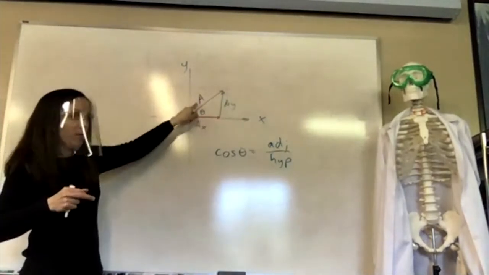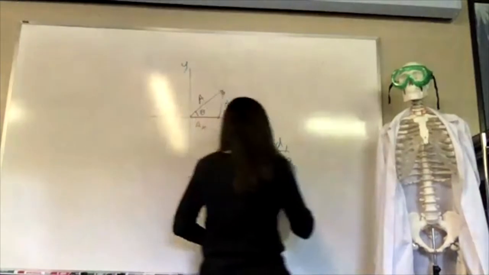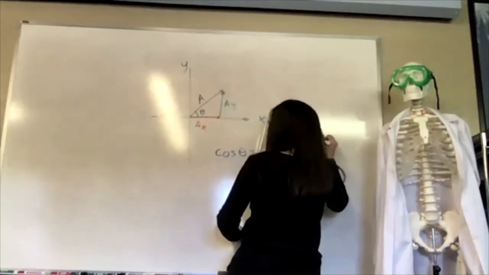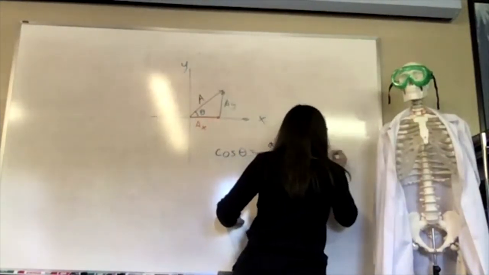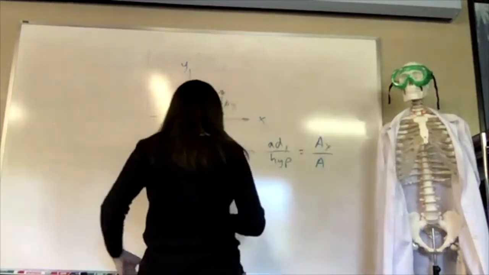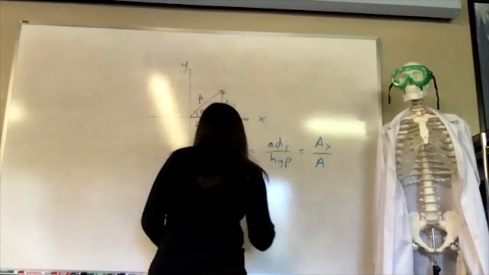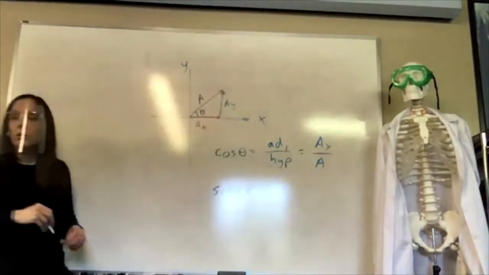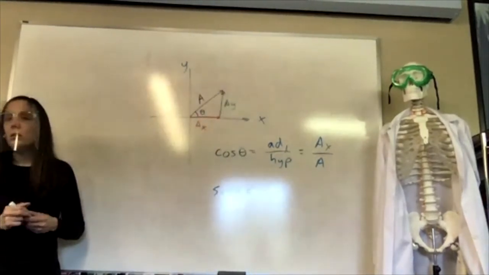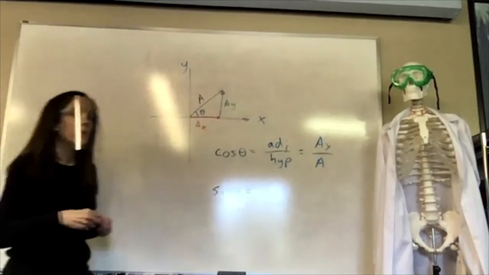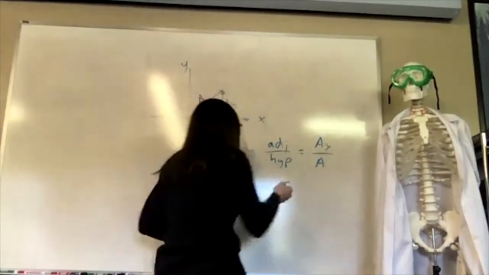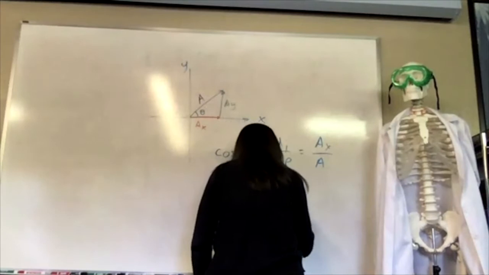It'd be A of x over A, right? So cosine of theta would equal A of x over A. Sine of theta, what does that equal? Robert? Good. So A of y over A.